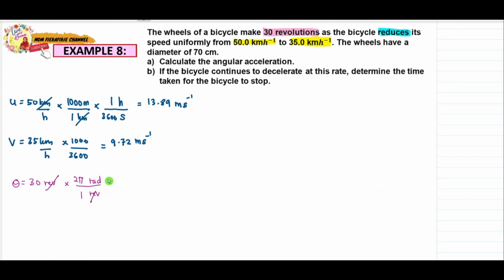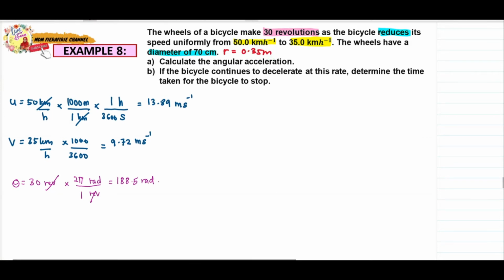We cancel out, so theta you will get 188.5 radian. So what other information is given? The diameter is given as 70 centimeter. Make sure you change to meter, and divide by 2, since this is the diameter, so the radius should be 0.35 meter.